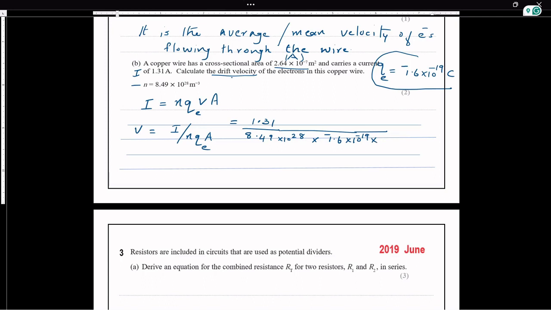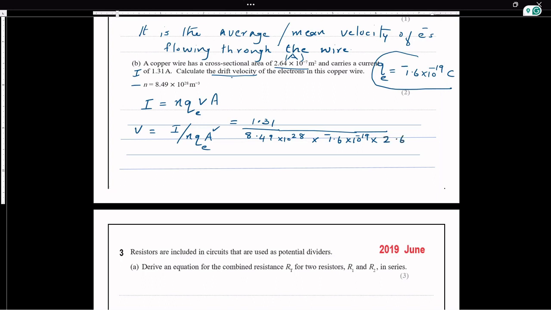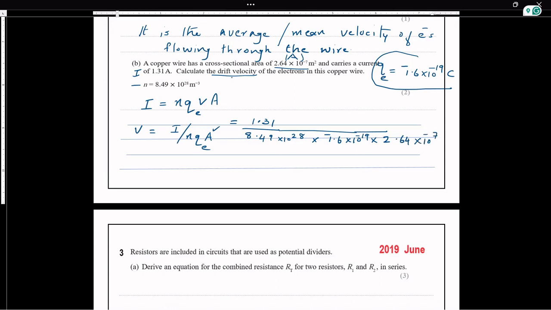Now the last one is the area. Area is also provided here, which is 2.64 times 10 to the power of negative 7 meter square. Current I is given, N is given, all these numbers are given.